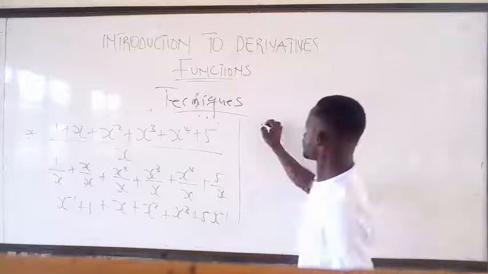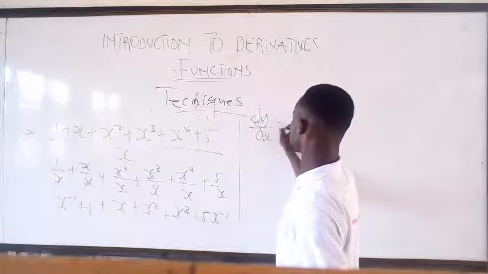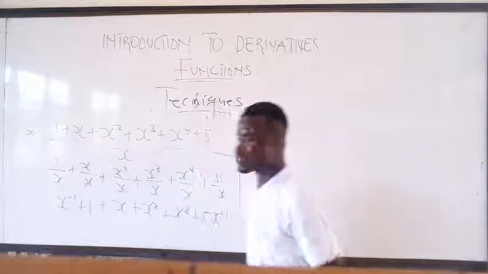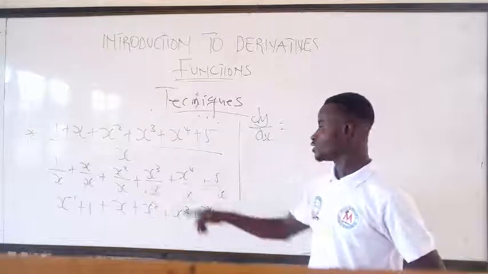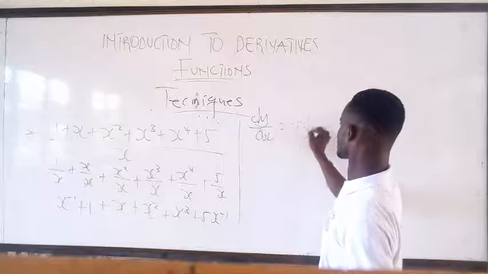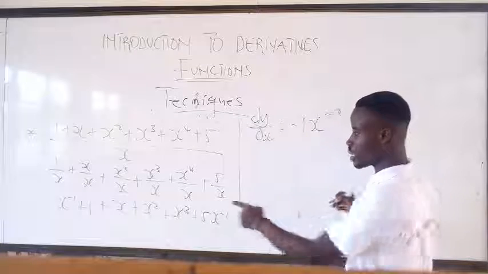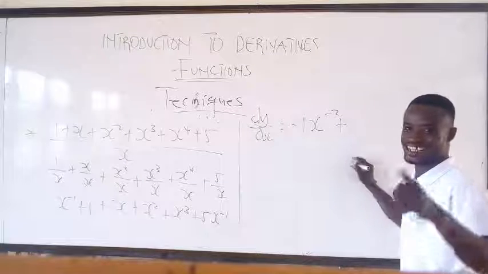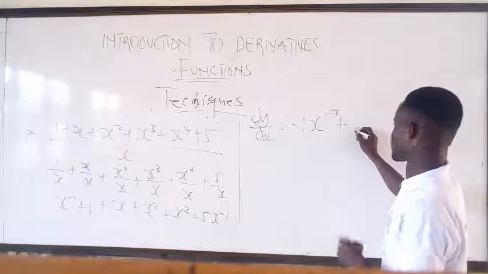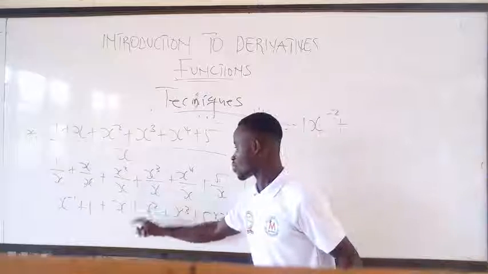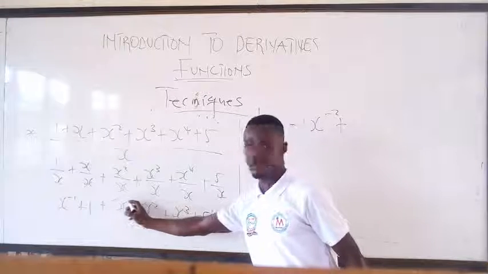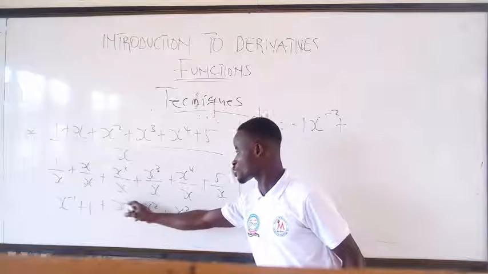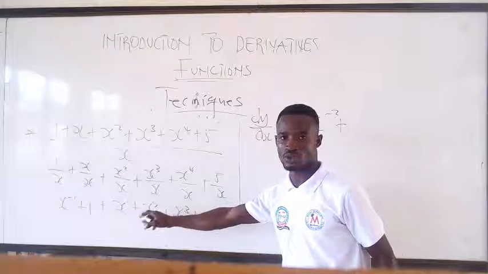So you now take the derivative term by term, right? So you take the derivative of this, you have the coefficient there to be 1, you have the power to be negative 1, so you get negative 1 x to the power negative 2. And any constant is 0, so that place is 0. Plus, here the power is 1, the coefficient is 1. So take 1 from the power, you get what? 0. Right? So 1 minus 1, you get 0. And any number raised to the power 0 is what? 1.